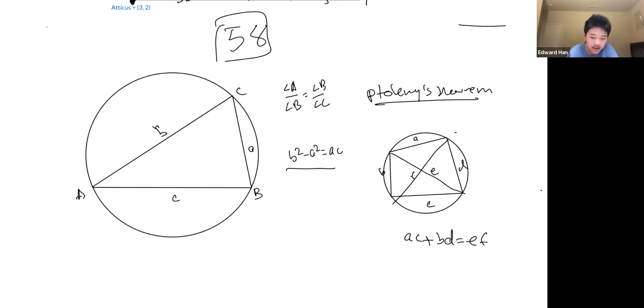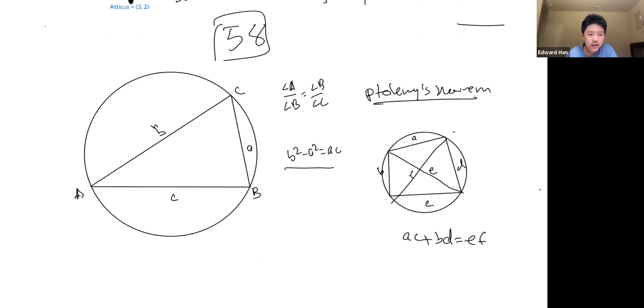So in this case, I'm going to reflect the point C over to the other side of the circle, although it could be almost any other point. It just seems that C is the most conveniently placed point.